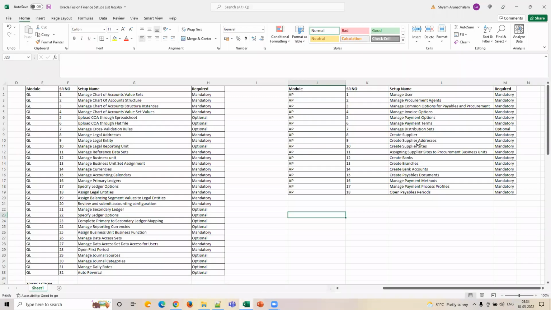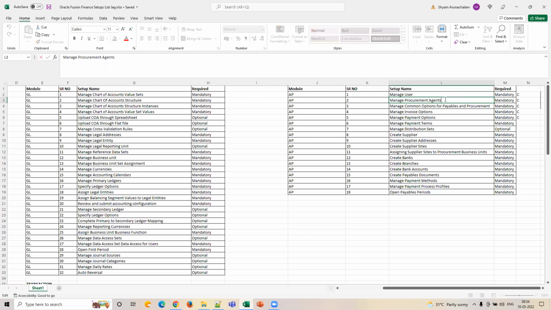Basically, what we are seeing today is only five setups, and these are the key setups in your AP accounts payable module. First, we have created ourselves as a user. This will be taken care of by HCM. Procurement agent setup: we have to define ourselves as a procurement agent.